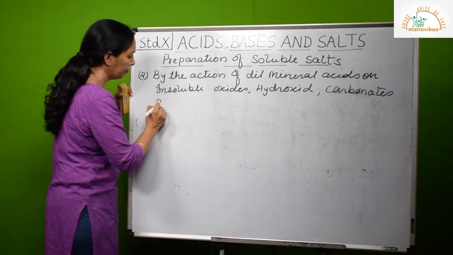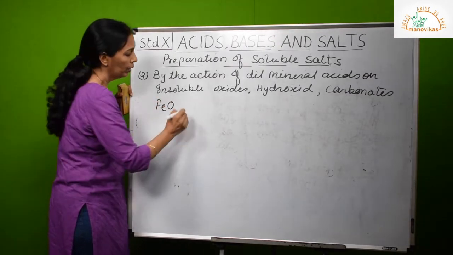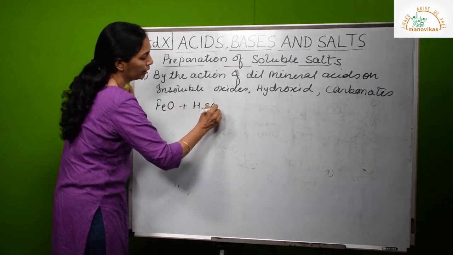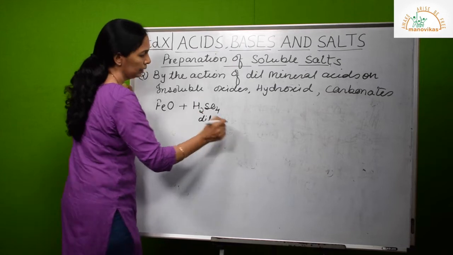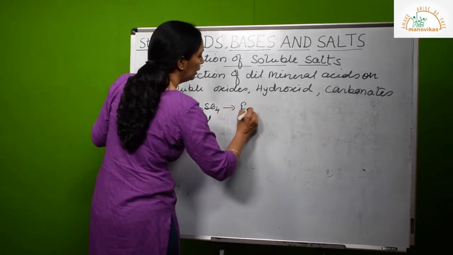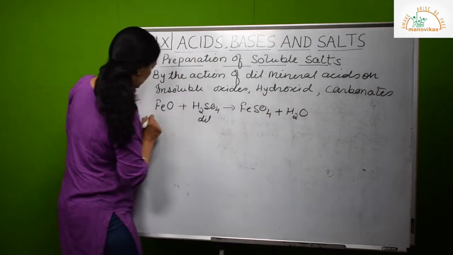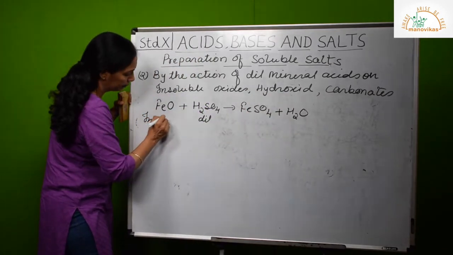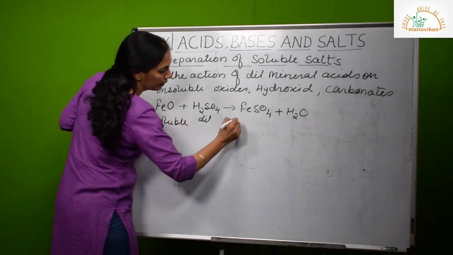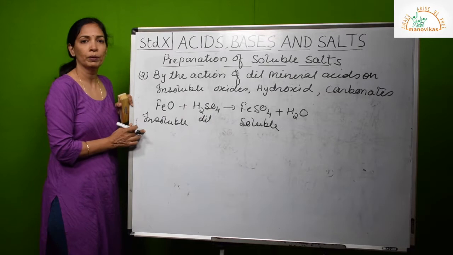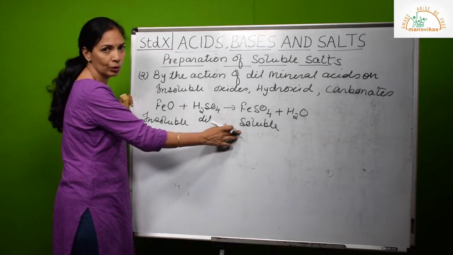For example, if you are taking FeO, which is insoluble, and treat it with dilute H2SO4, then it will give FeSO4 plus H2O. Now this is insoluble and this is soluble. So starting with an insoluble compound, we are preparing a soluble salt.